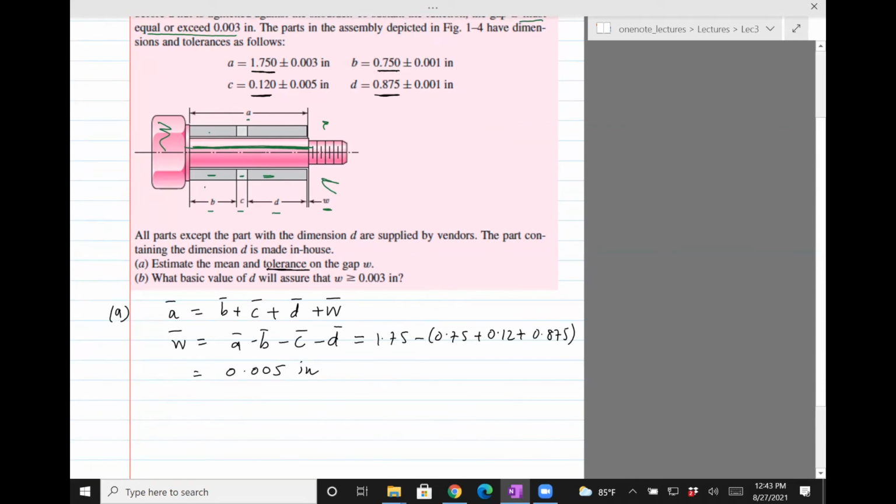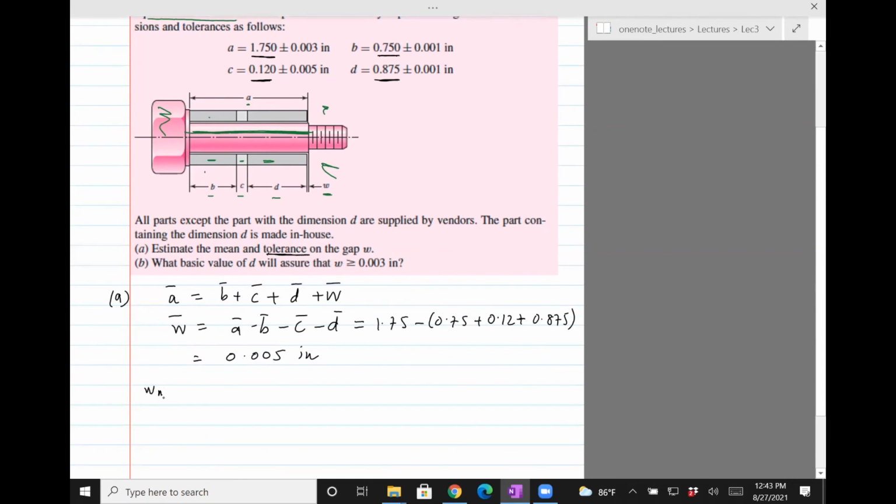And the way you find the limits is, how will you get the minimum limit on W? What you want to do in this case, to get the minimum, is you take the minimum of A, take the maximum of B, maximum of C, maximum of D, and that will give you the minimum.